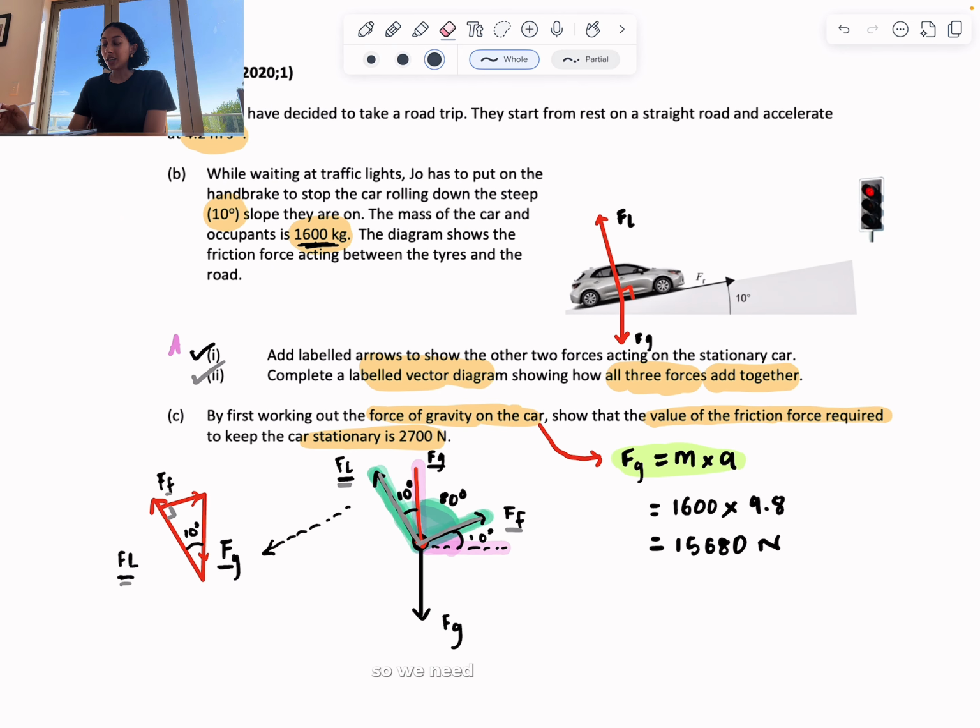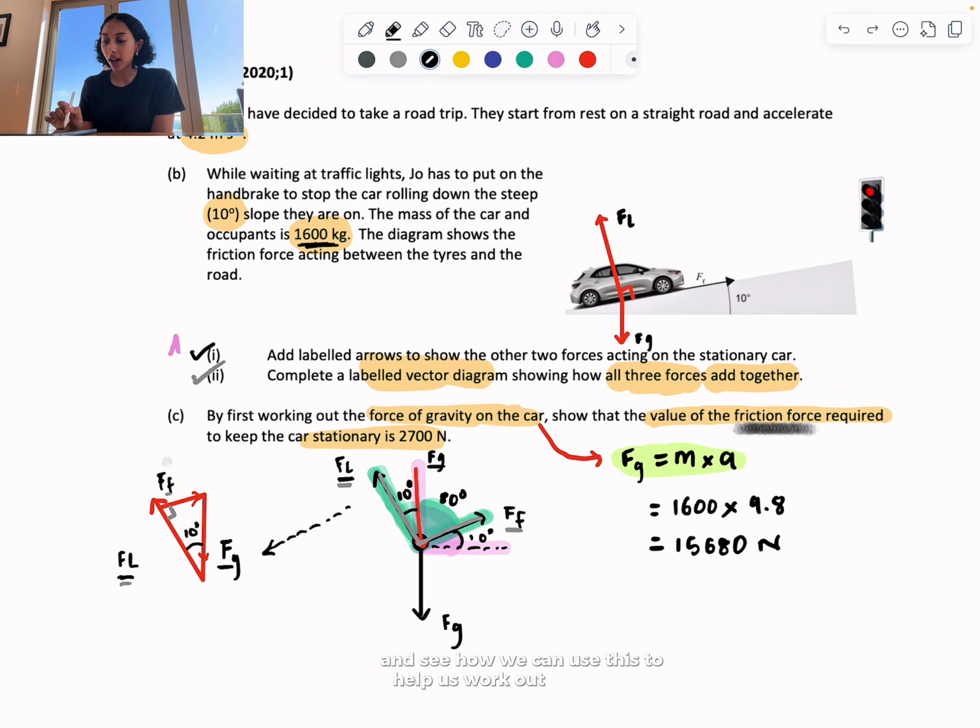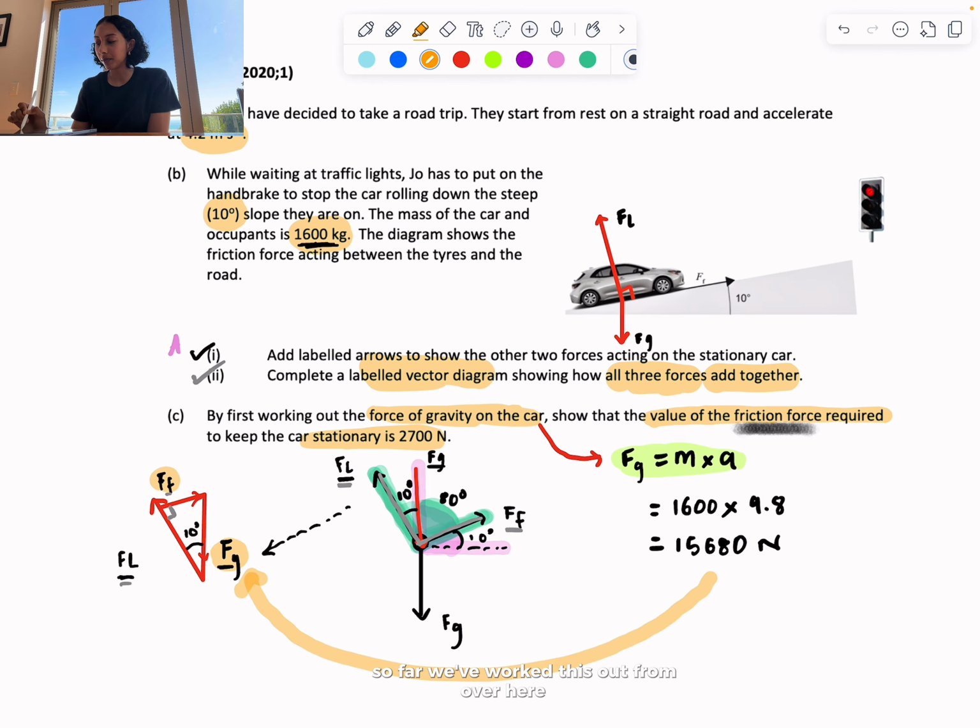So we need to use that to find the value of the friction force required to keep the car stationary, and it should be around 2,700. So let's go back to our force diagram over here, and see how we can use this to help us work out our friction force. I might highlight that with a pretty color. So this is what we want to find out. So far, we've worked this out from over here, okay?